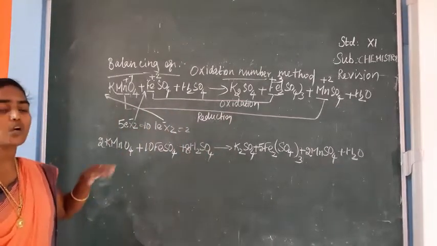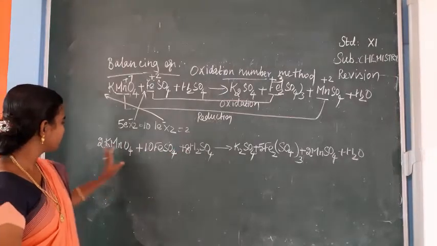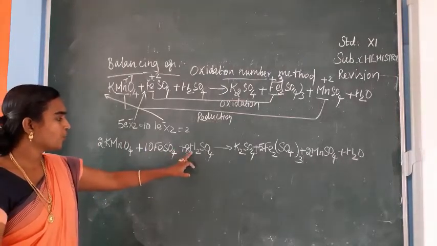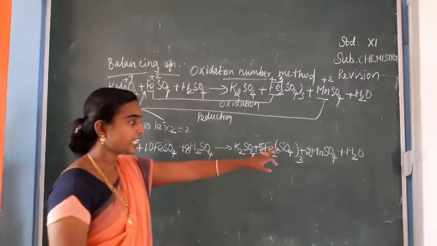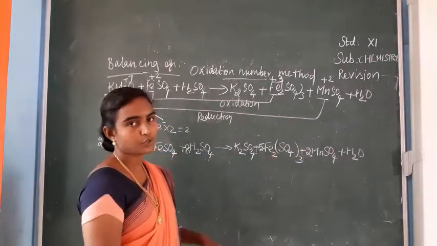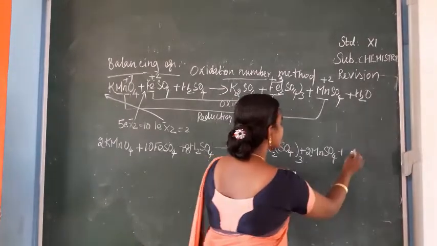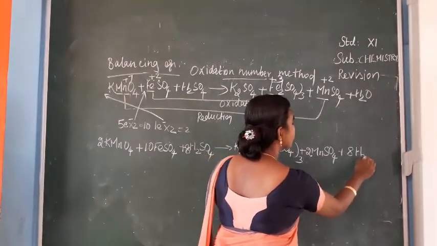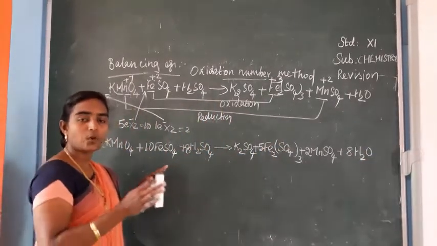Next, hydrogen atoms and oxygen atoms. When you look at hydrogen, here 2 into 8, 16 hydrogen atoms are there, but on the right hand side only 2 hydrogen atoms. So how can we change it? We can write 8H2O. So hydrogen atoms are also balanced. Only oxygen atoms remain to check.